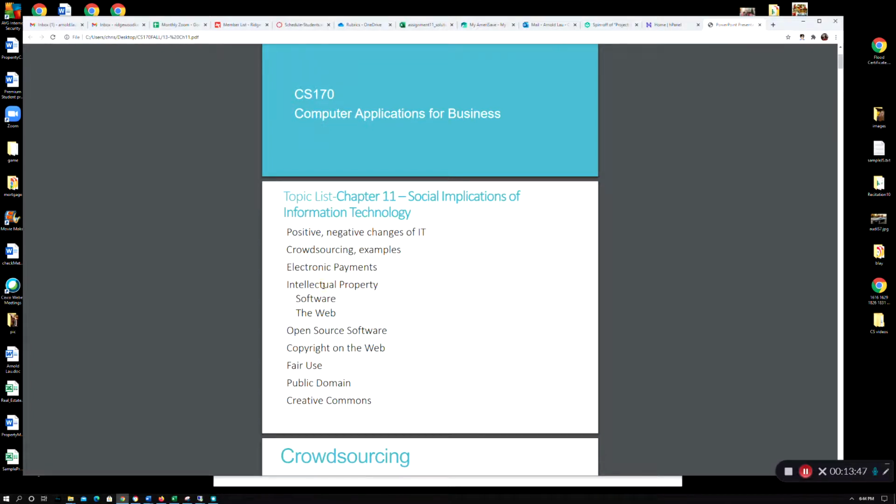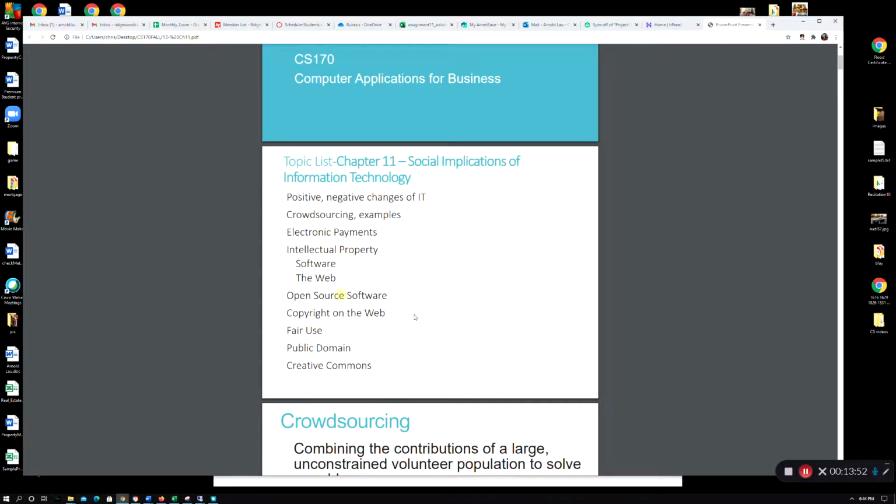So intellectual property is a really big challenge in this day and age. There's this idea of open source software, and I'll go more into that, but that's a pretty interesting concept. Copyright on the web relates to this intellectual property discussion, and the same thing when you get into fair use, public domain, and Creative Commons. That's all related there.